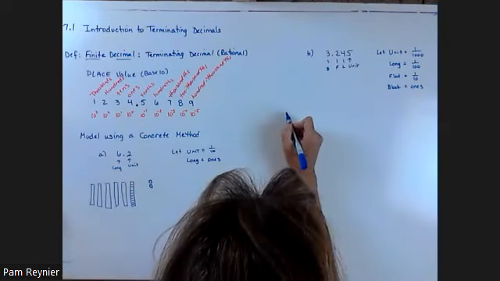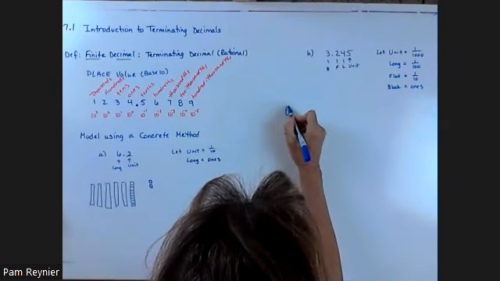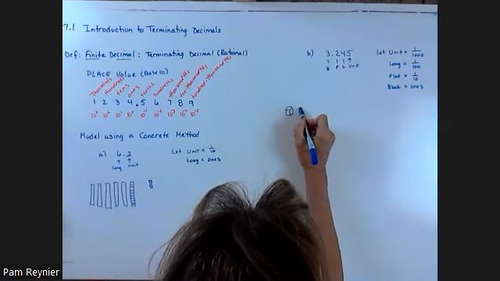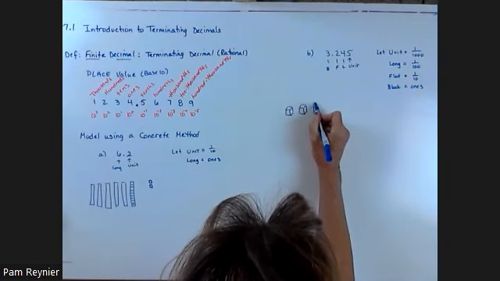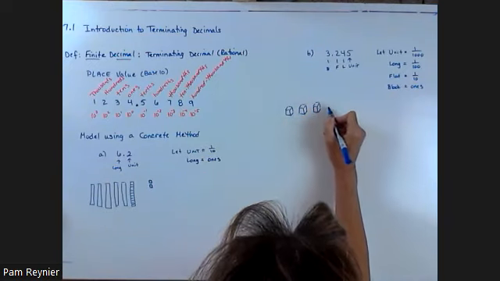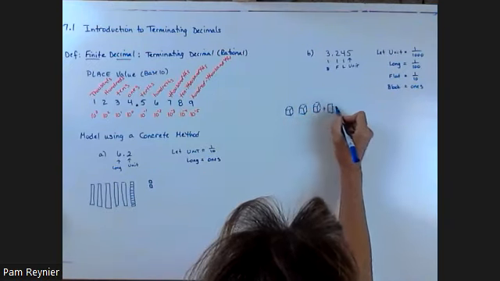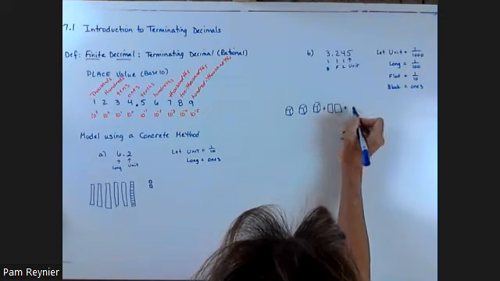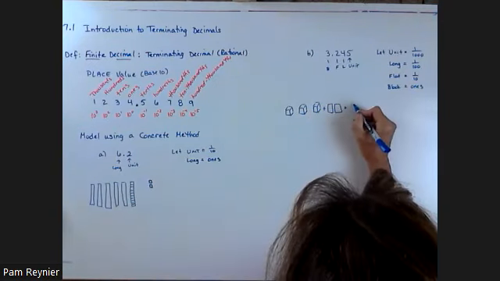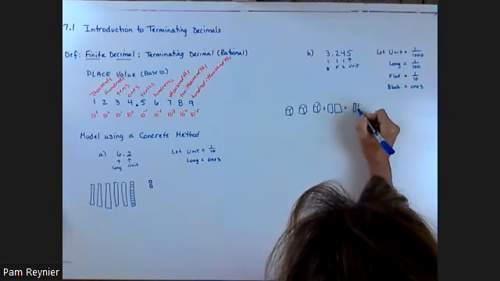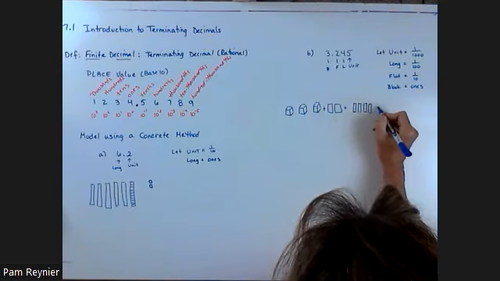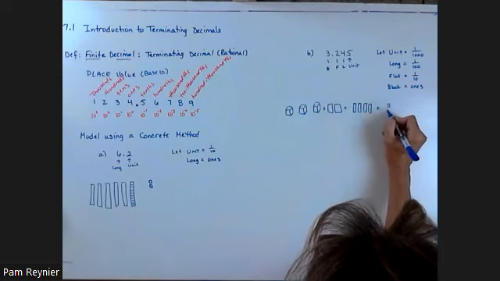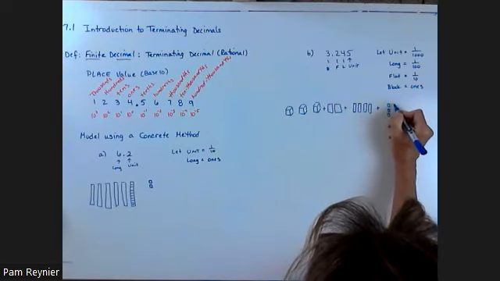I would have 3 blocks. 1, 2, 3. 2 flats plus 4 longs plus 5 single units.